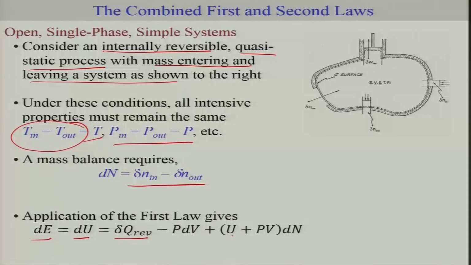So, essentially you have (U plus PV) dN, because of the mass; this is the contribution due to the mass. So, that is the first law for the open system.